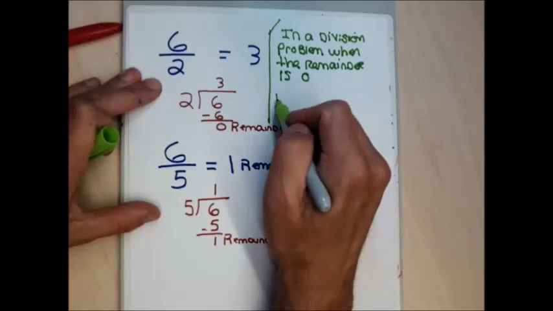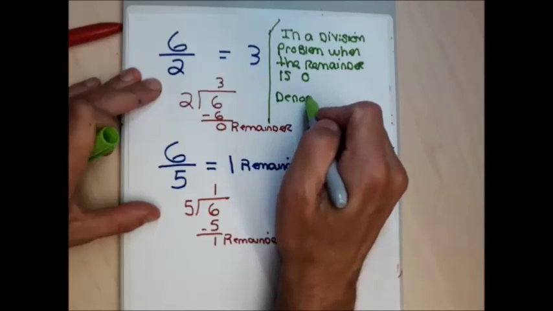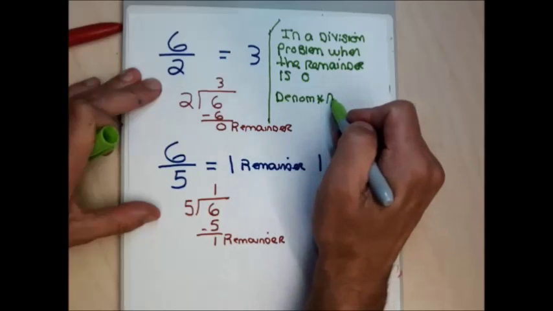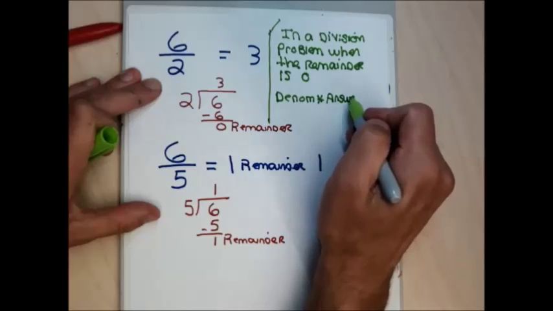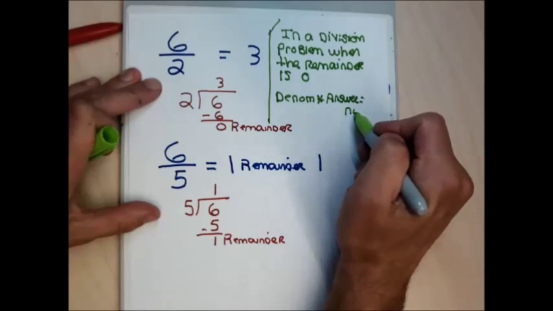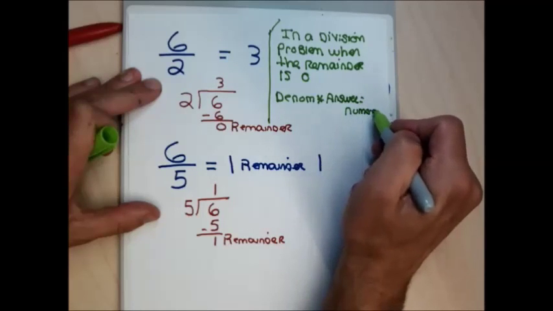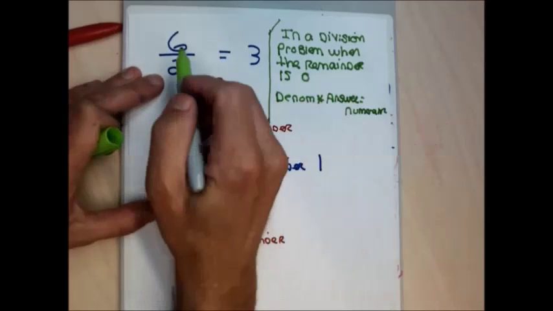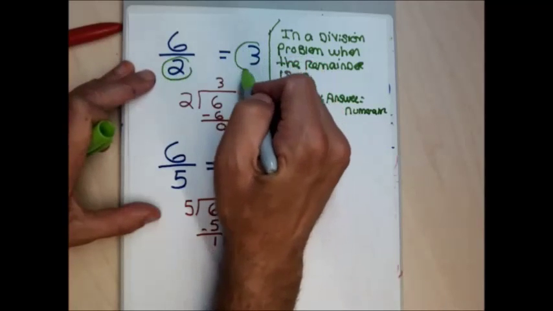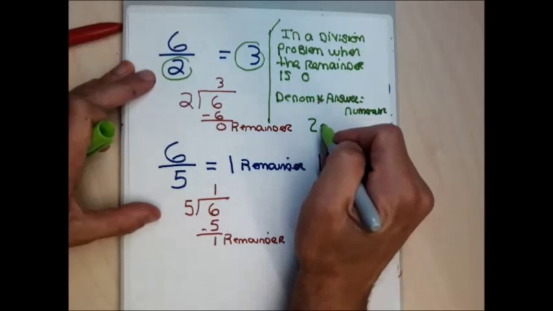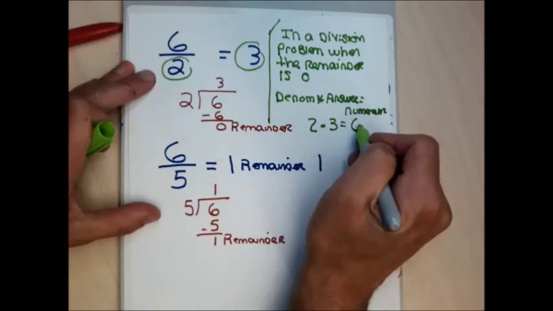Because we can say the denominator times the answer equals the numerator. For this first division that had a remainder of 0, the denominator 2 times the answer 3 equals the numerator 6.